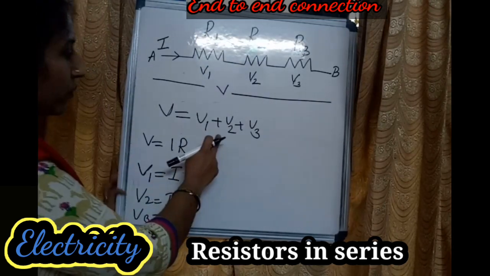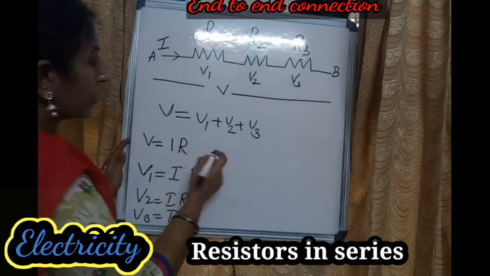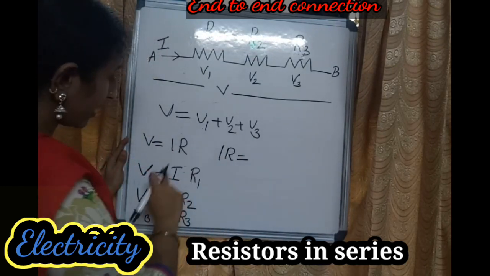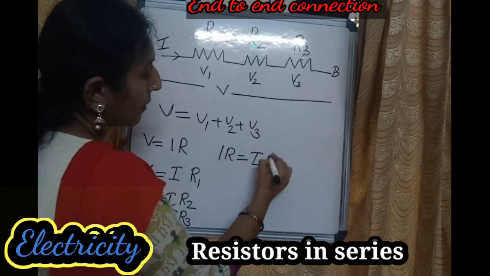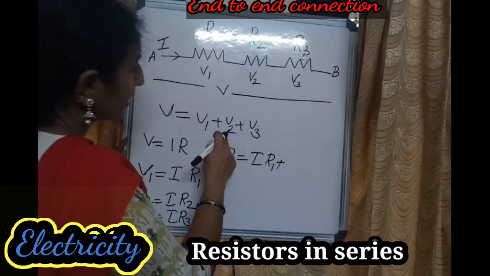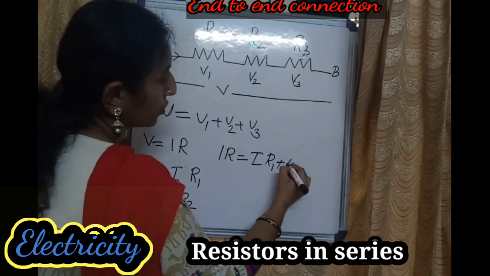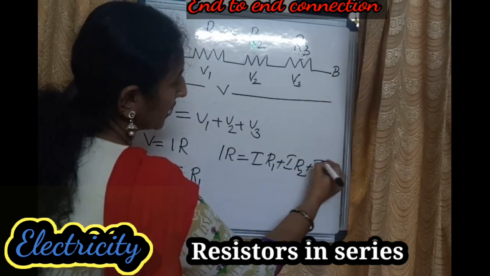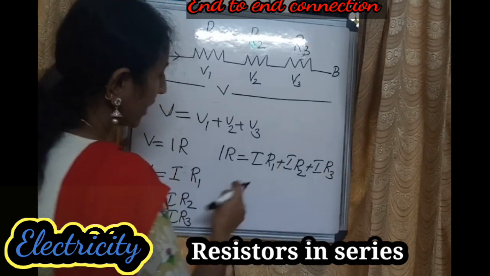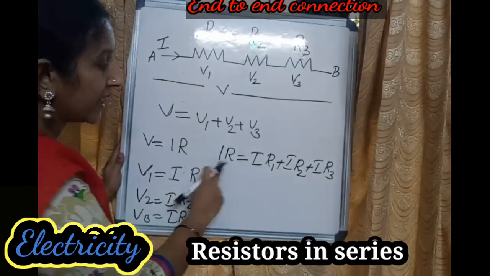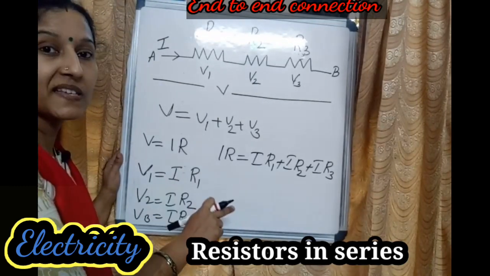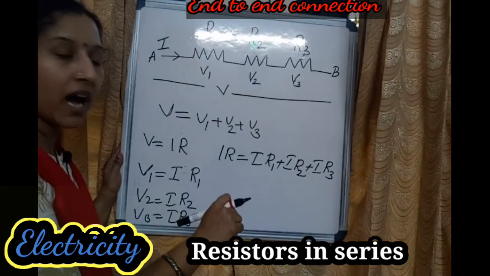And applying this equation, what is V? V equal to IR. So IR equal to V1, IR1, V2, IR2, V3, IR3. Here you can see I and here also you can see I. I is common for all the resistors, right? So you can take the I out.